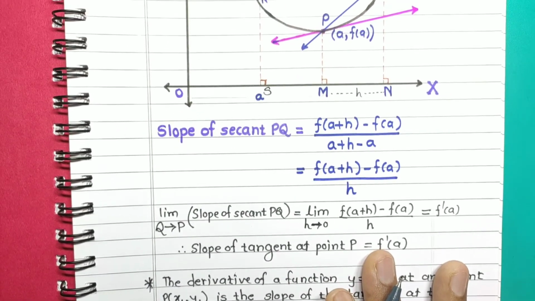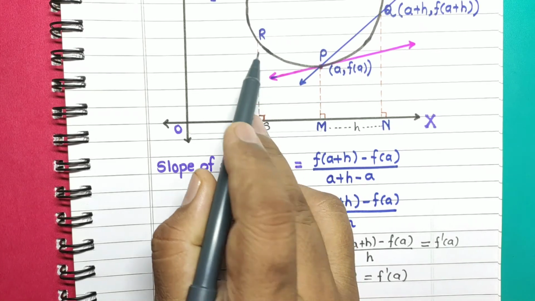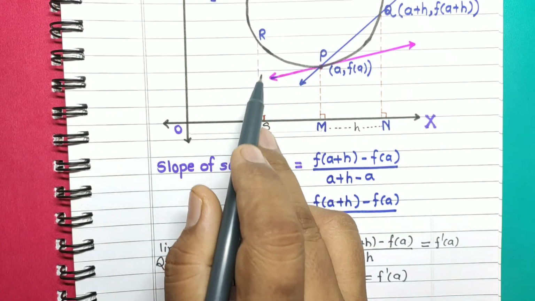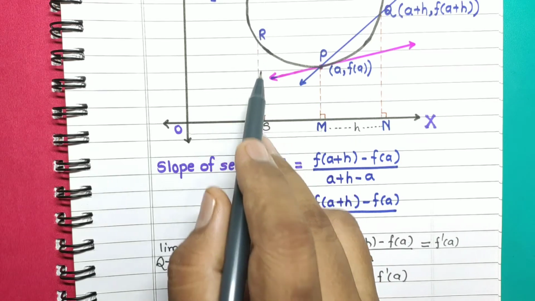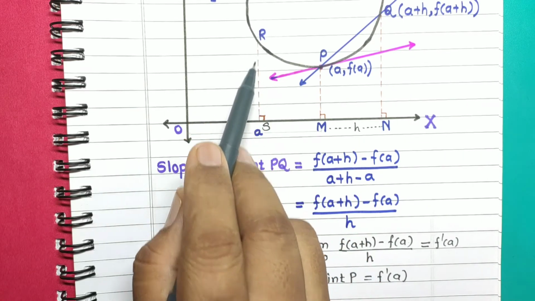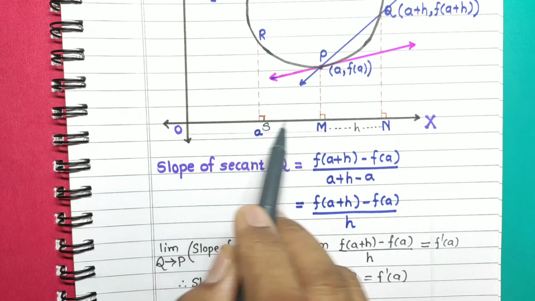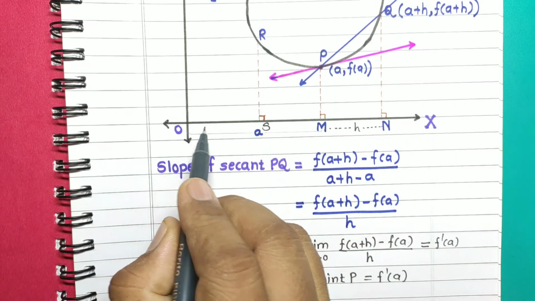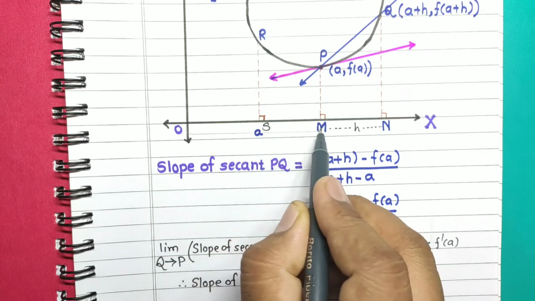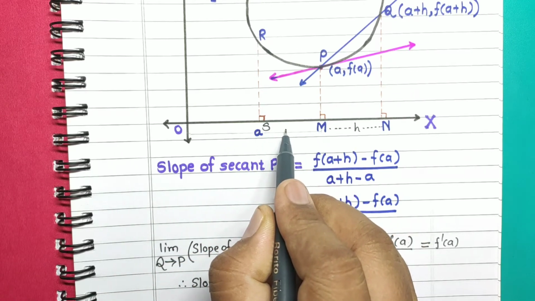Also see here, if R is a point on the curve to the left of point P such that the foot of the perpendicular drawn from point R on the x-axis is at a distance of a minus h. That means this distance MS is h.